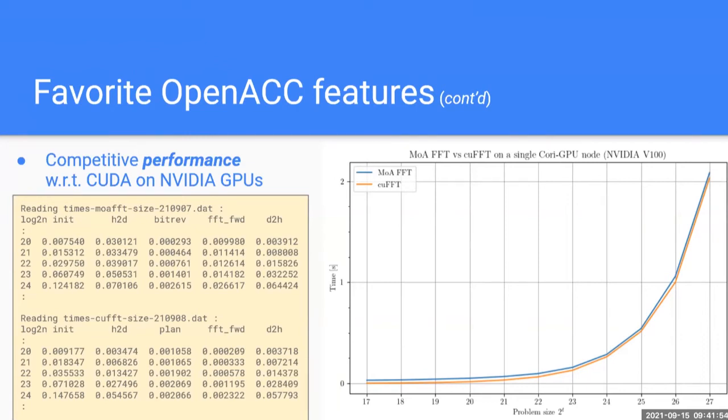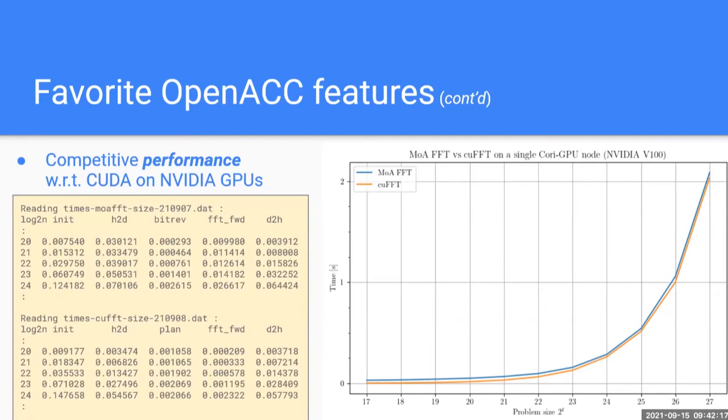If we just look at the FFT forward time, cuFFT is clearly a lot faster. But if we add up the planning time and the forward time and compare it to the bit reversal time and the forward time for MOA, we see that it is competitive.